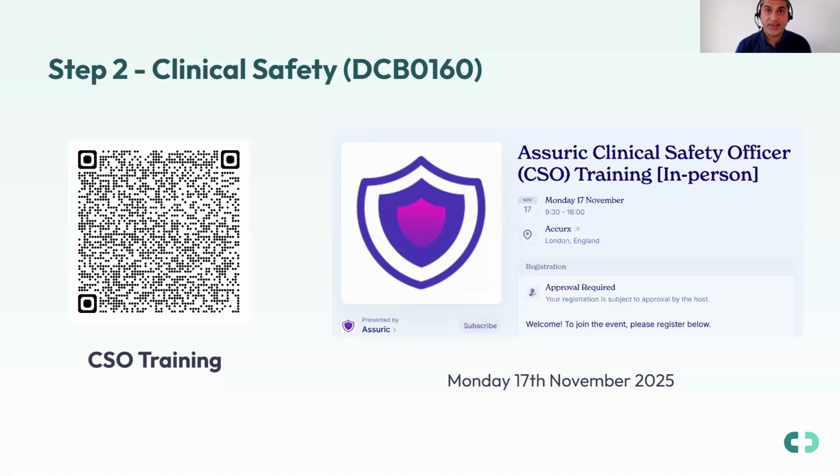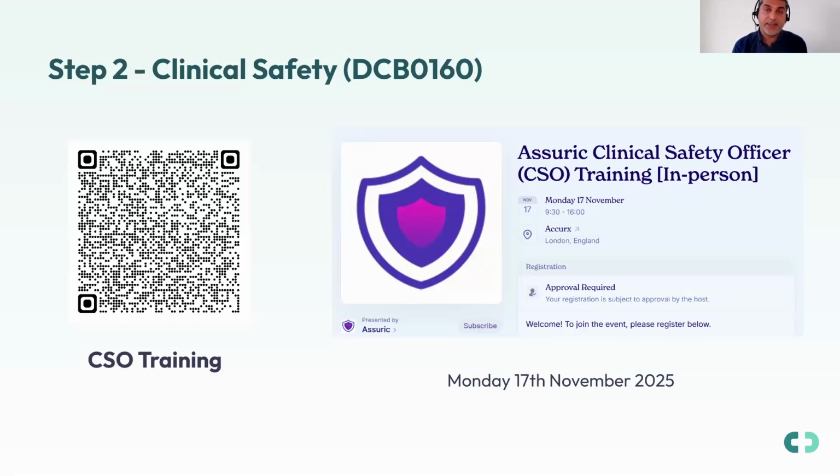But we've got an in-person event here at Accurx headquarters in London on Monday, the 17th of November, if you wish to attend. There's also a follow-up one that we're considering to roll out, which will be remote as well. But this is one that's coming up. So if you're interested, have a scan of that.